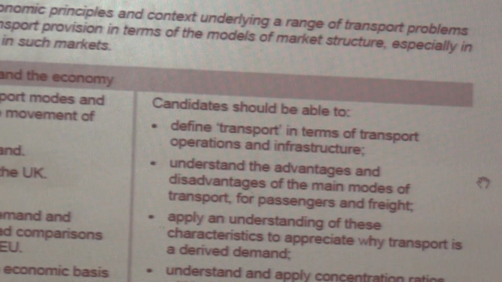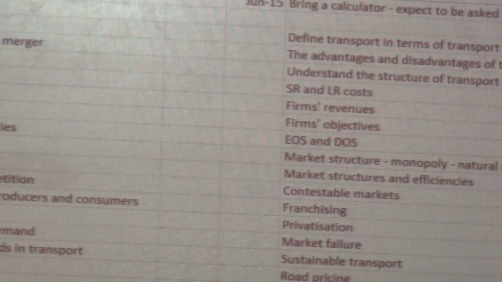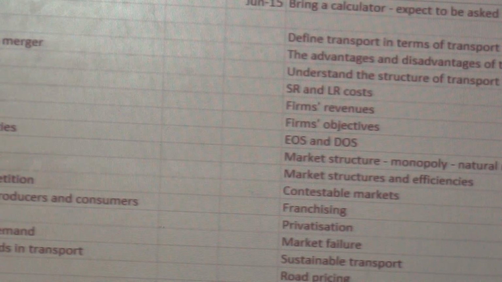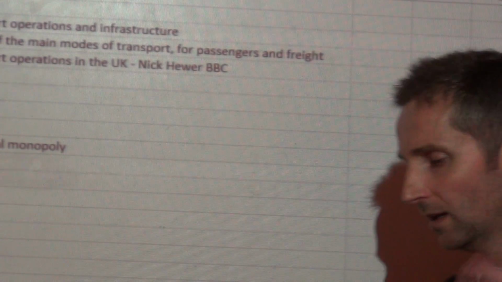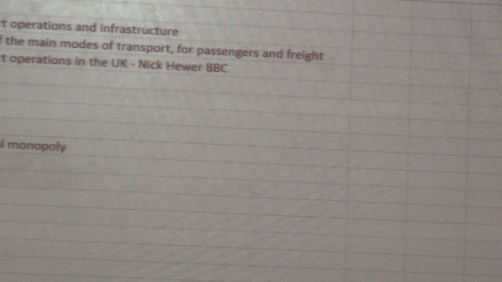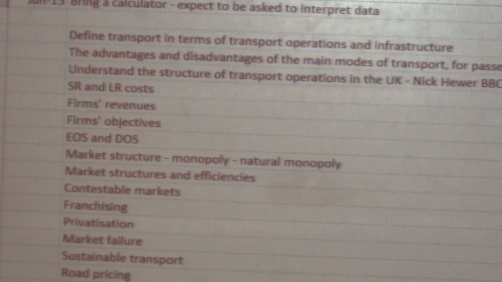So let's have a look then at what the likely topic areas might be on Friday's exam paper. But as I say, this is much more difficult to assess. I'd like to just talk about the essay questions first of all, if I may.